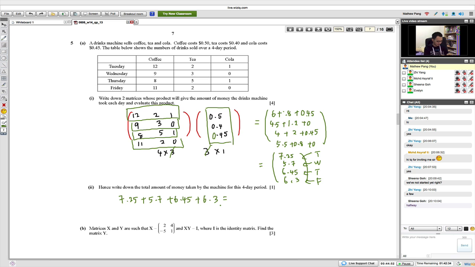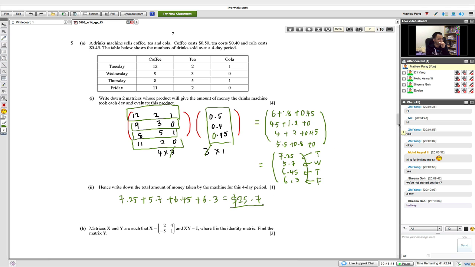So basically you have 7.25 plus 5.7 plus 6.45 plus 6.3. You get the answer 25.7. This is the amount they will earn for 4 days. It's just 1 mark, so it's quite simple.